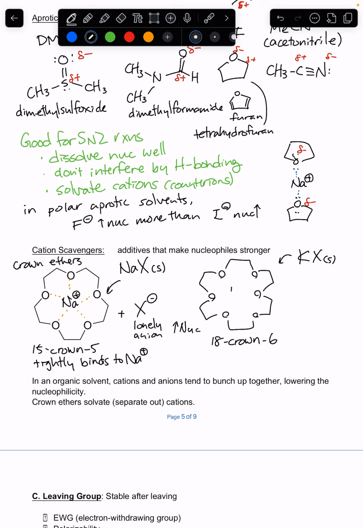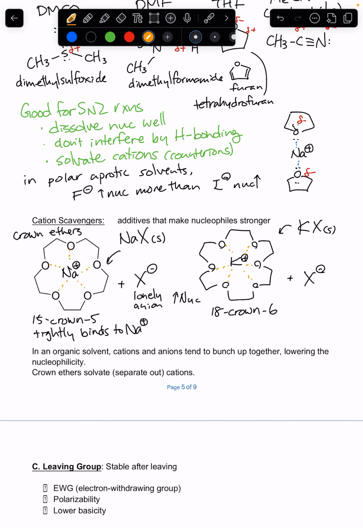Okay, potassium is a bigger ion, so this interacts just perfectly with potassium, so it tightly binds to potassium. So in an organic solvent, these crown ethers really help because cations and anions tend to bunch up together to lower the nucleophilicity. So some nucleophiles that are not going to do SN2 can do SN2 if you actually add crown ethers. We'll look at some examples like that in class, but thank you.